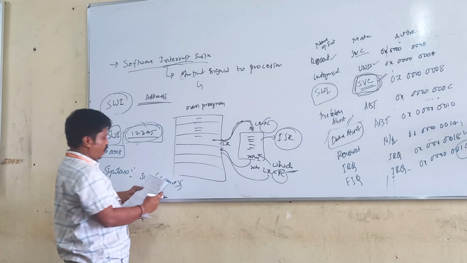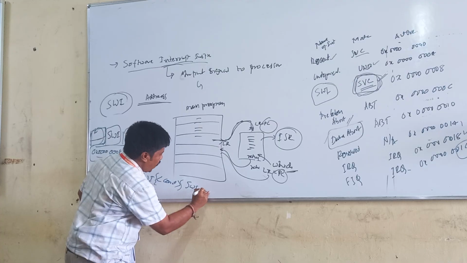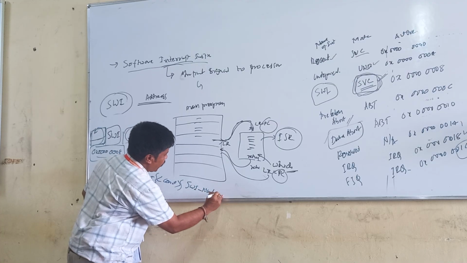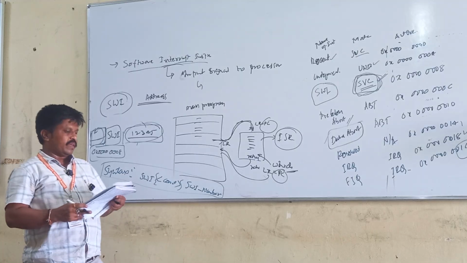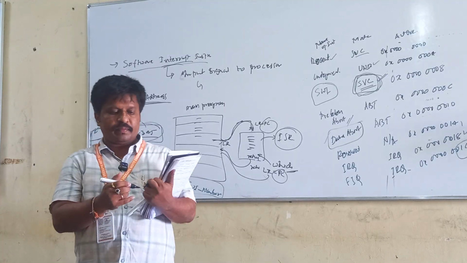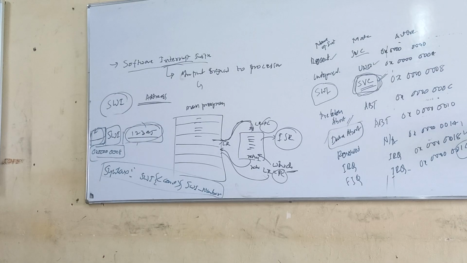And also we have the SWI number. Just to copy these things, take the heading as the software interrupt instruction.